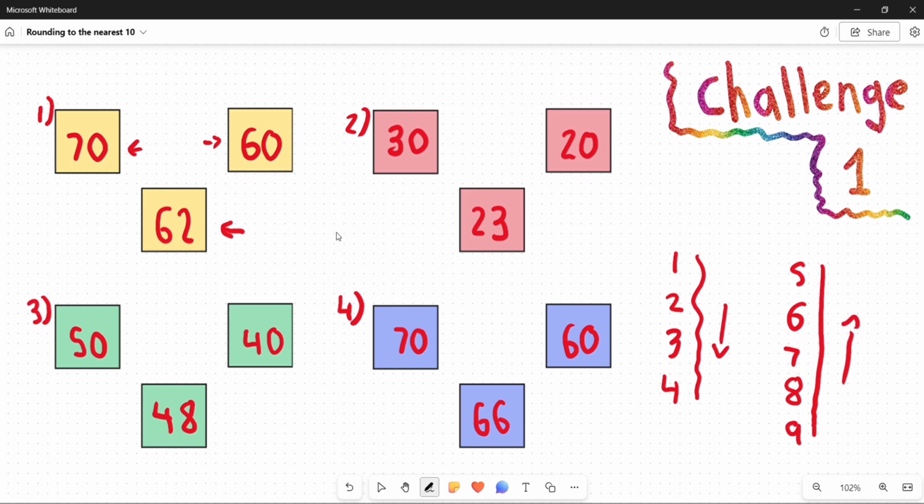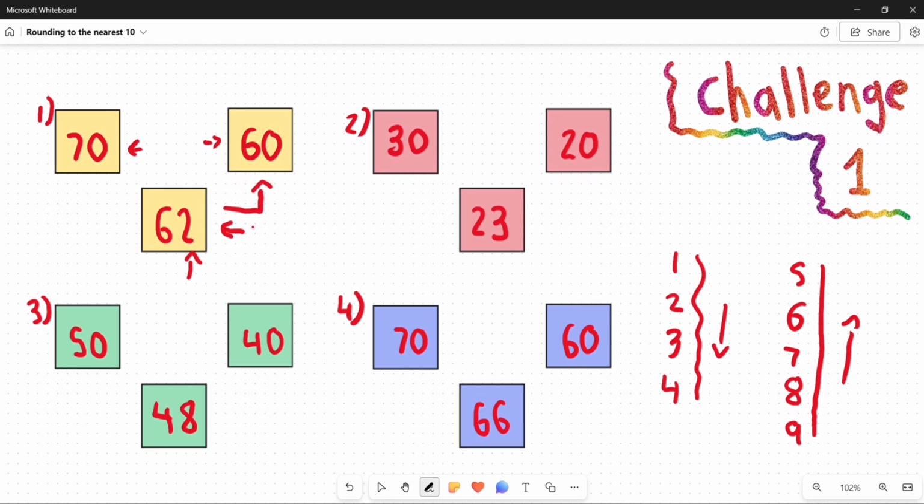So let us look at the number 62. 62 has 2 in its ones place. Therefore, we have to round down because when we look at 2, we have to round down. And when we round it down, we round it down to the nearest number, which in this case is 60.